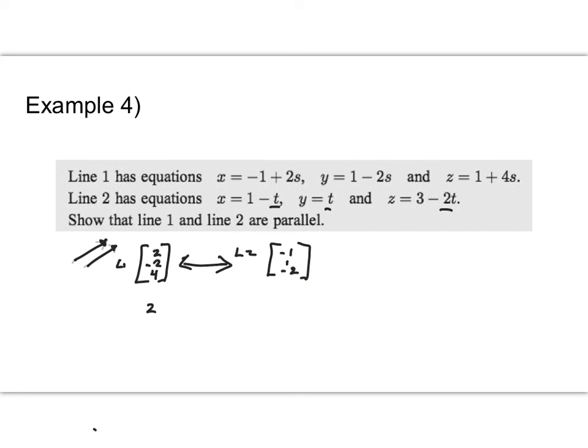So 2, -2, and 4 is a scalar multiple of line 2 if I multiply the whole thing by, actually, -2. That's going to give me the same line here. So that alone shows me that they're parallel.